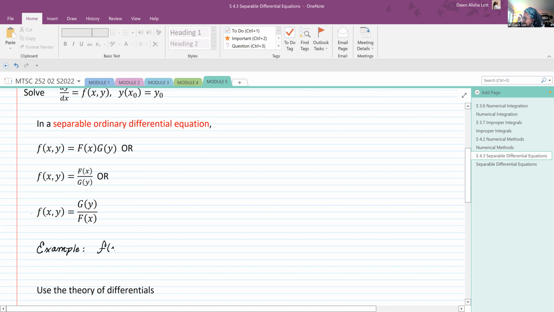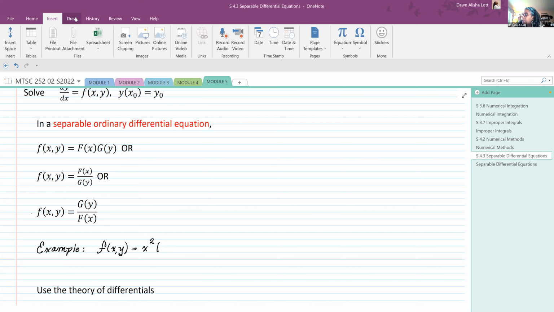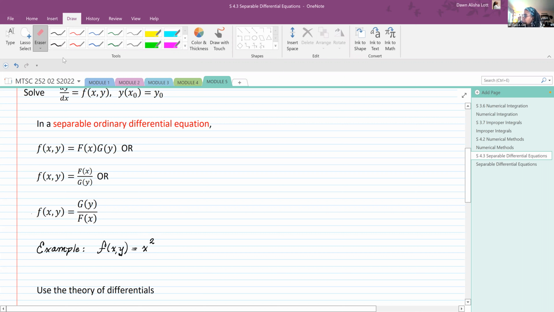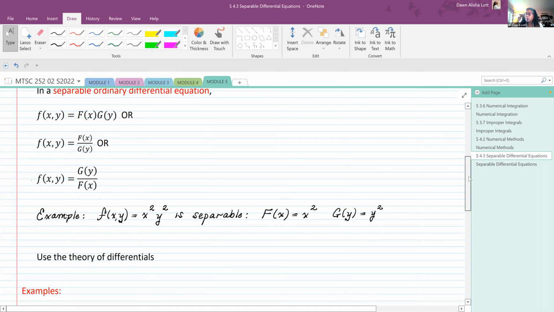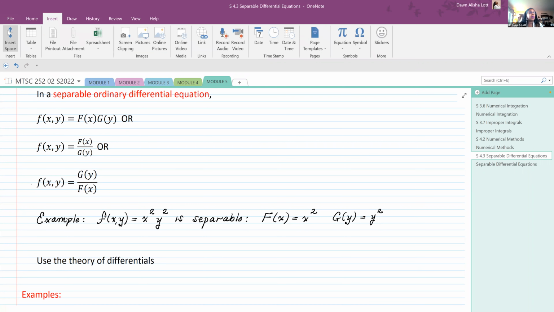Okay, so for example, f of x,y equal to x squared y squared is separable. f of x is just the x squared part, and g of y is just the y squared part. So some things are not separable.